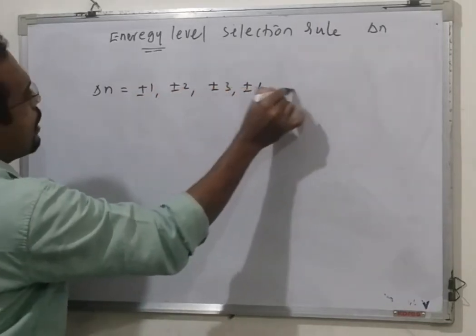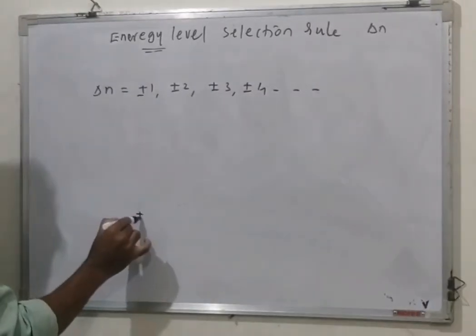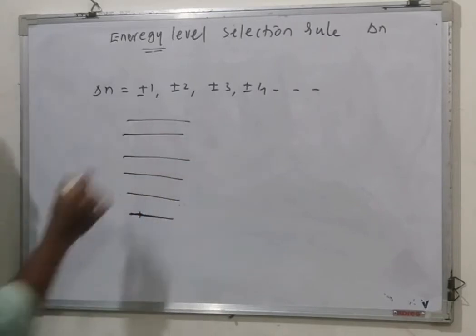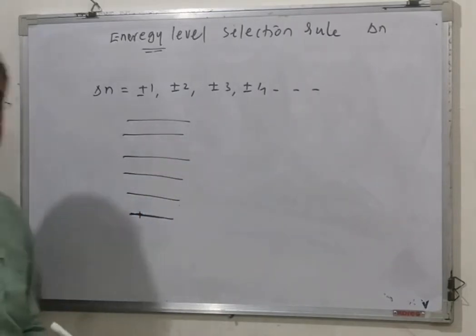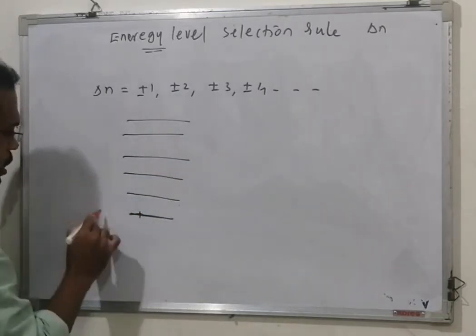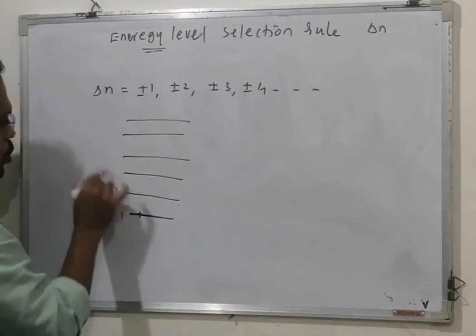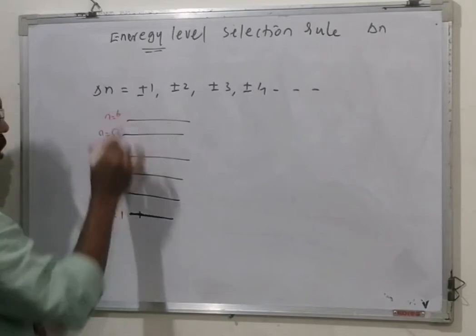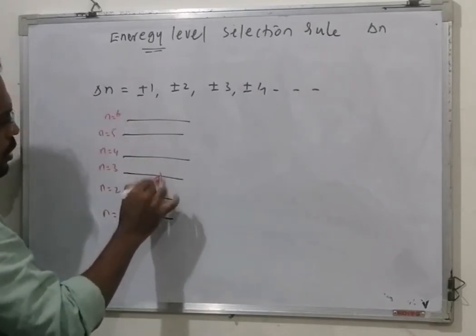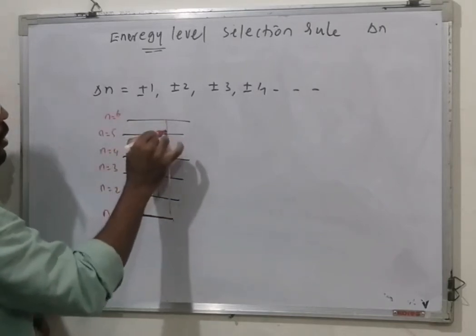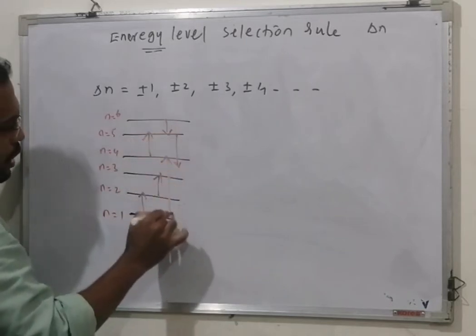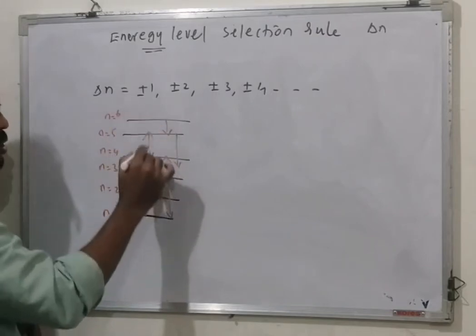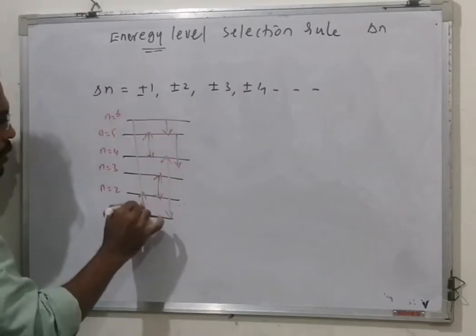plus or minus 4. That is, suppose you have an atom, it has different energy levels. We have drawn it in the hydrogen spectra: n is equal to 1, n is equal to 2, n is equal to 3, n is equal to 4, n is equal to 5. Any transition is possible, not only excitation but also de-excitation. In emission, you can have any emission.